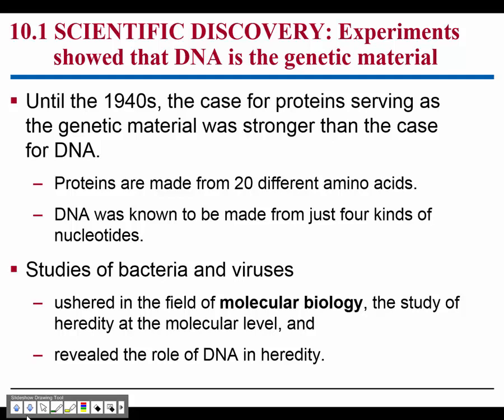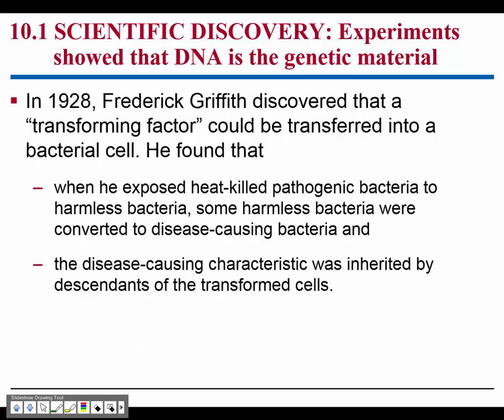When they started studying bacteria and viruses, it brought in the field of molecular biology, looking at heredity at the very molecular level. And when we did that, we found the role of DNA in heredity.